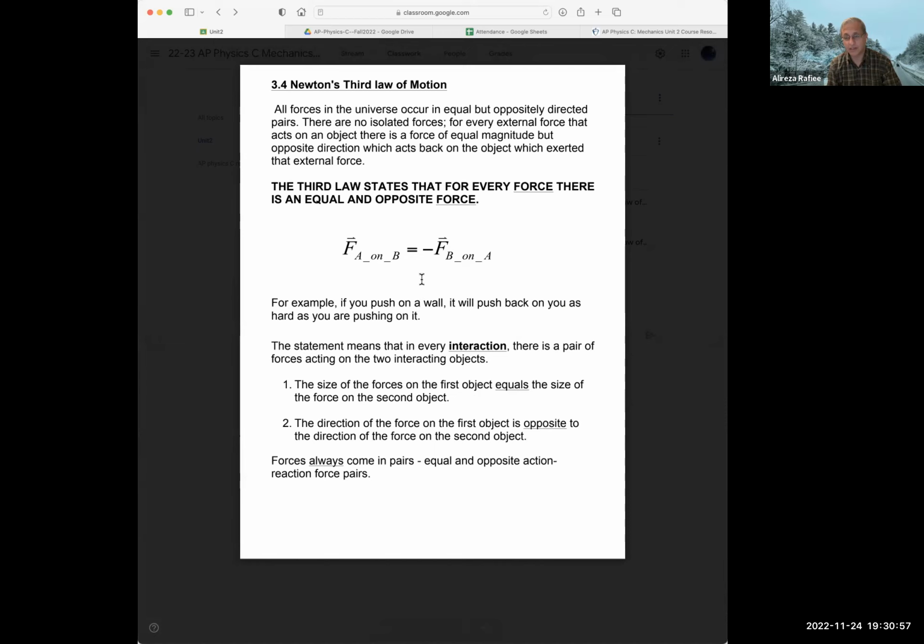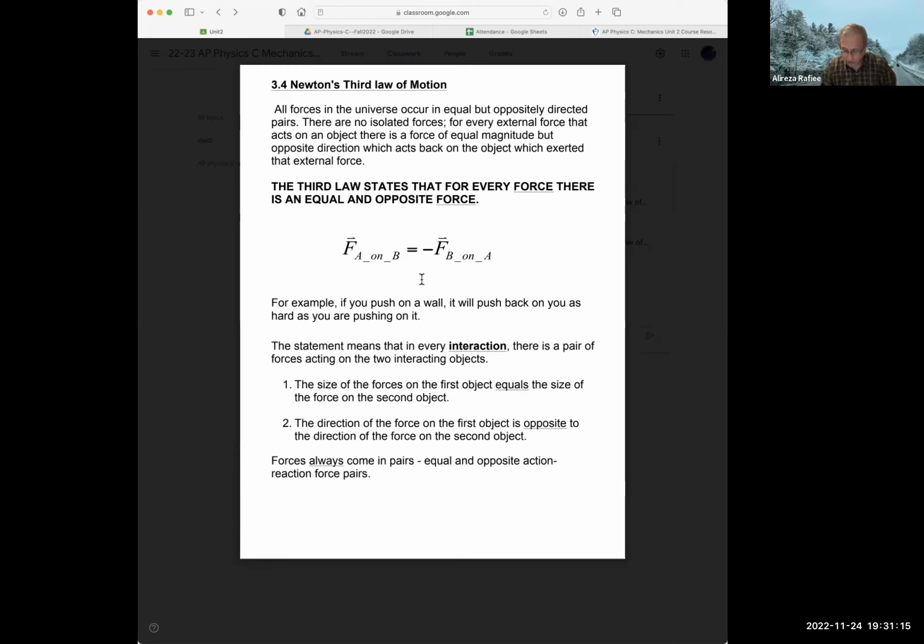Both of them are exerted on the same object, so they can cancel out. These are not action-reaction. These are two forces acting on you, and they are not subject to the third Newton's law.